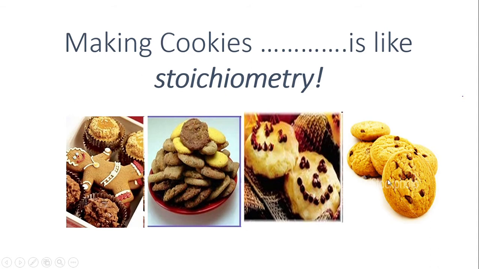When you bake cookies, there are certain measurements that you are going to use, because if we bake, we need some ingredients with certain ratios. So stoichiometry is also like that. We have different measurements of certain reactants in a chemical reaction to form a product.